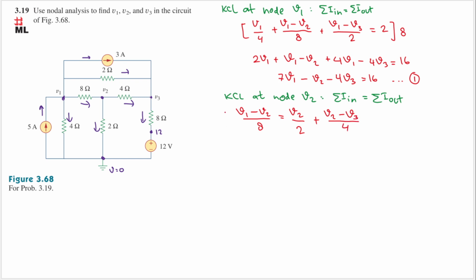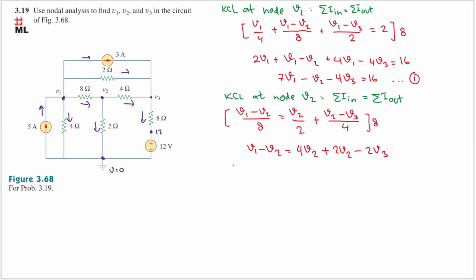Okay, and I think we can multiply both sides by 8 to get rid of all the denominators. So we will have V1 minus V2, and this one will be 4V2, and then we will have 2V2 minus 2V3.